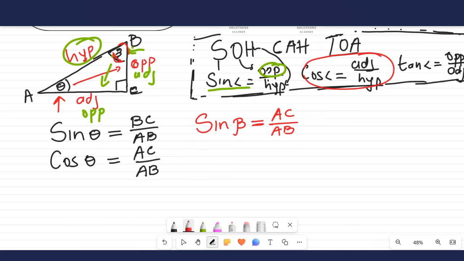And then the cos of beta will be equal to the adjacent side, which is BC, over the hypotenuse, which is AB.